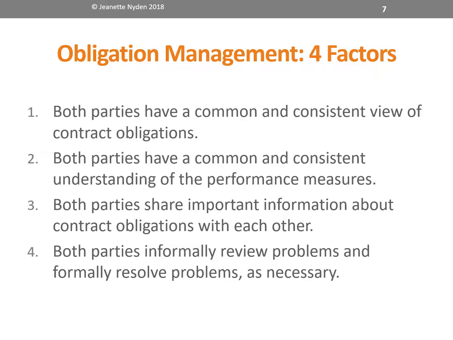That means that suppliers remind the customer of their obligations, provide drawings, provide certificates, provide permits, etc. And then likewise, the customer also reminds the supplier of their obligations. 4, both parties informally review problems and formally resolve problems as necessary. I mean formally as in through an escalation process, not a third party requiring the legal department.